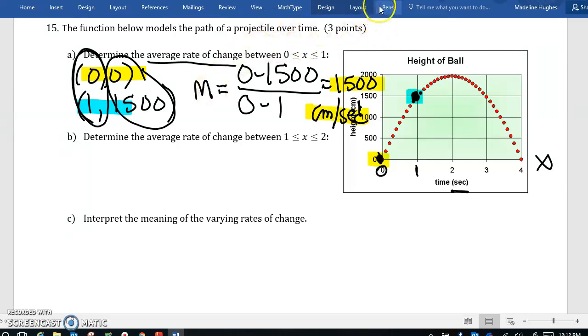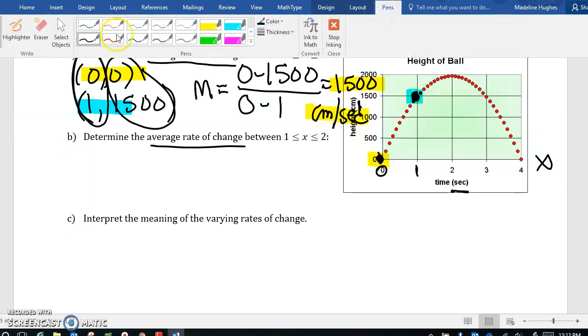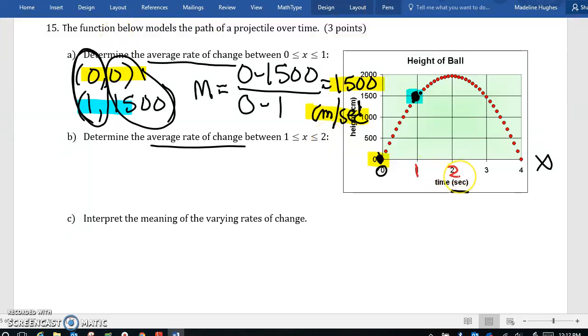Okay, B. Determine the average rate of change, given the slope, between 1 less than or equal to x less than or equal to 2. So this time I'm looking at from 1 to 2. The point 1 is again (1, 1,500). And where x is 2, that's this point up here, the point (2, 2,000).